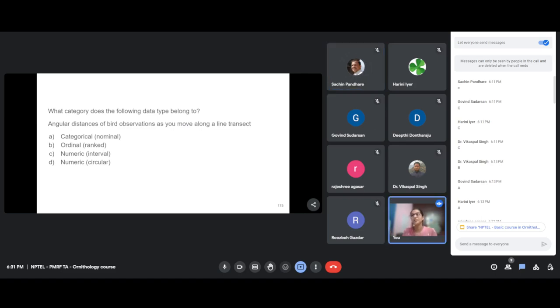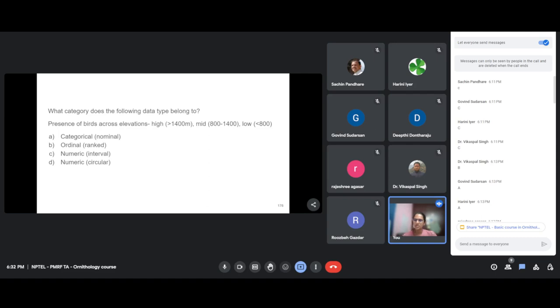I'm not really sure what is used, but whichever you use, you can convert it to whichever type you want. If it's beyond 180, you will know it's from the left side and not the right side. I don't know actually what the convention is. I haven't done line transects before, but good question.